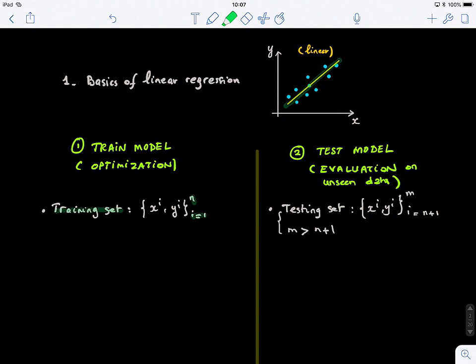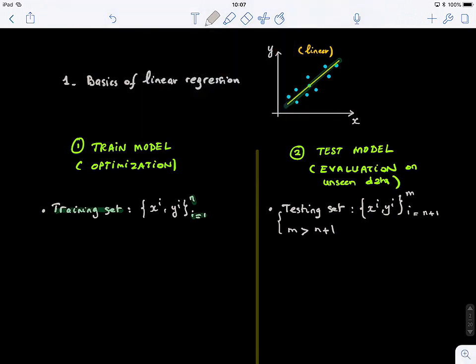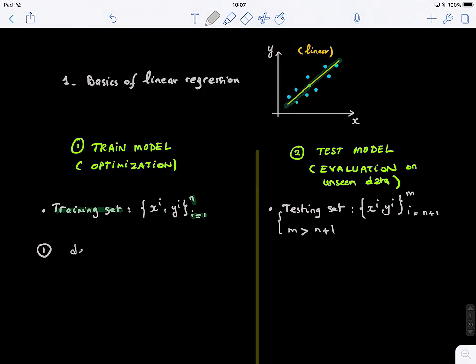So what is the first step? Anyone remembers? Finding the W star. Before finding the W star, which is the optimal parameters of what? The loss function. So the first thing we need to do is define our loss function.